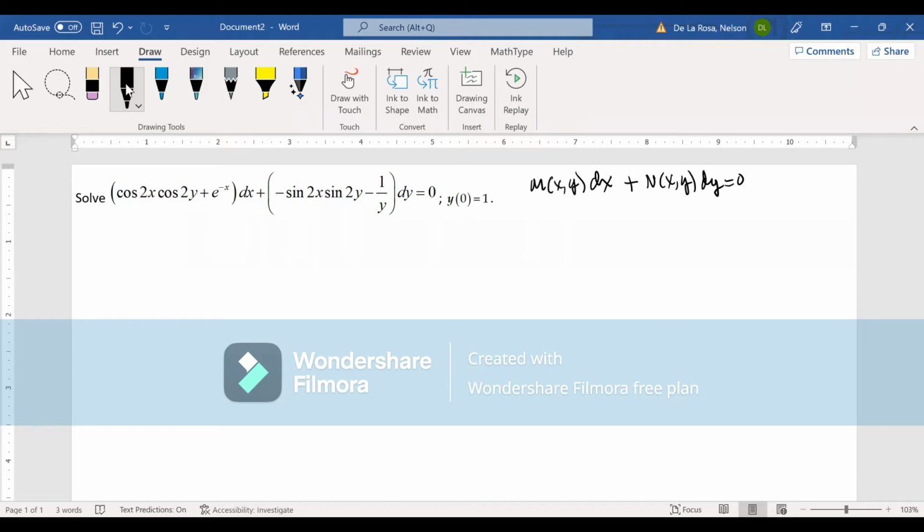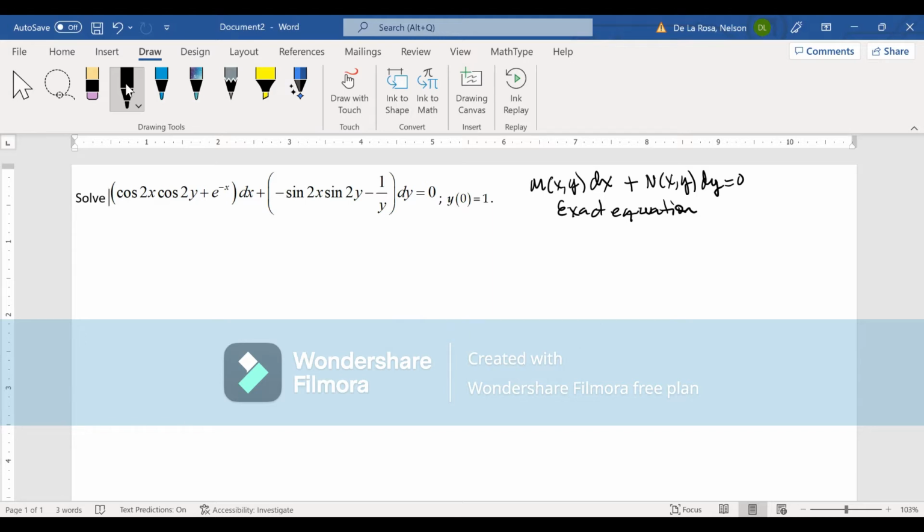Since the equation is given in this form, it could be or could not be an exact equation. So we should check if the condition for an exact equation is met.